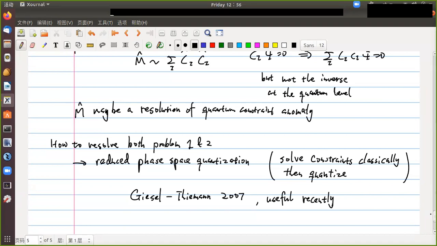When you are quantizing the physical Hamiltonian, you are actually using the earlier operators for the Hamiltonian constraint and diffeomorphism constraint. So definitely the earlier work on quantizing them is useful, even in the reduced phase-space quantization procedure.